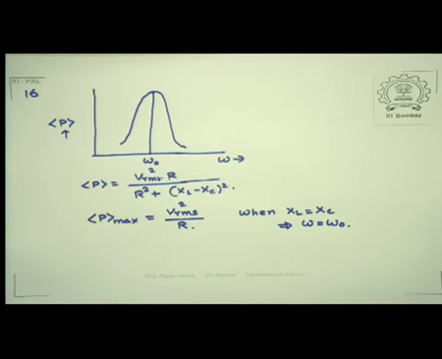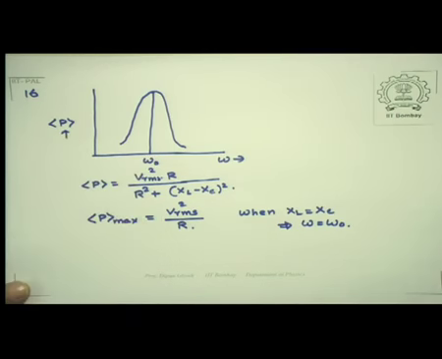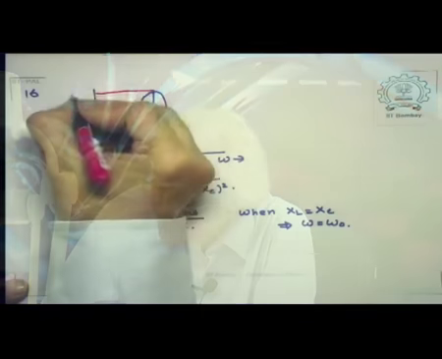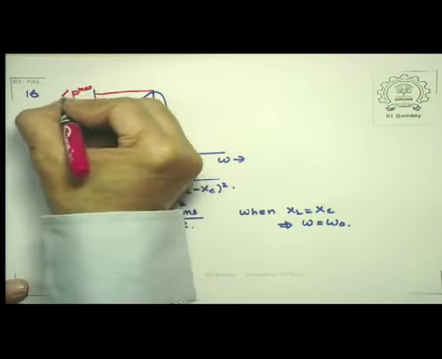Now, let us ask the question: where in this curve is the average power half? Remember, in my current expression it was 70%, but I am not looking at that. So this is the maximum average power, of course.